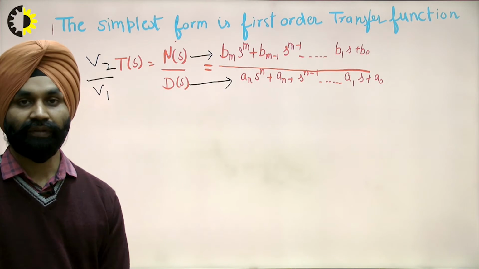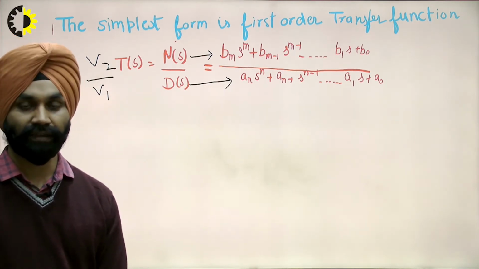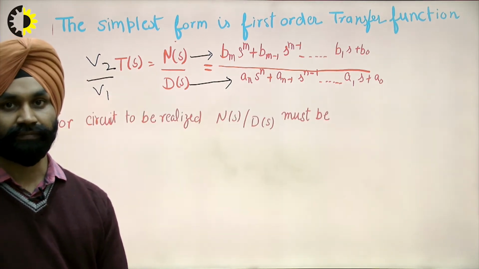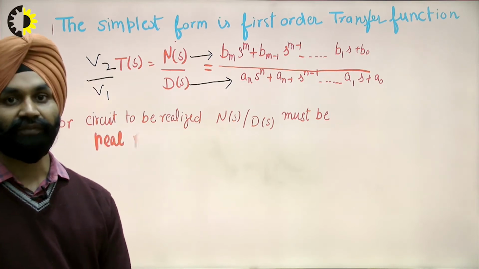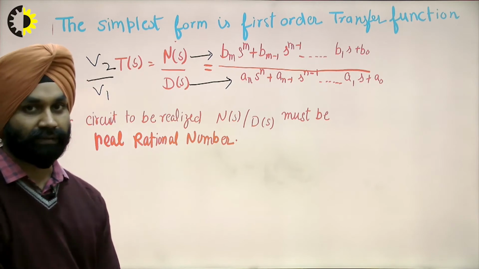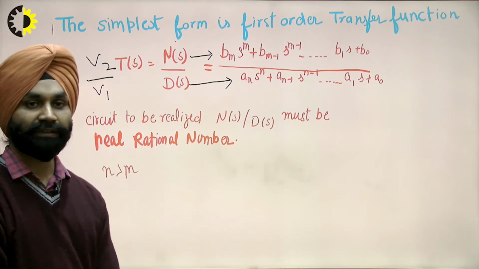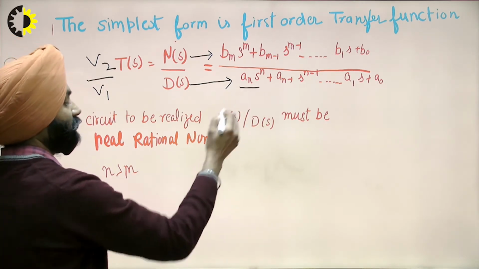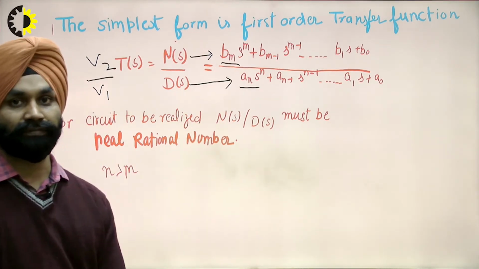So, when we want a transfer function to be implementable or realizable with actual components, there are some conditions that should be met. The first is that it must be a rational function, and n must be greater than m. That means the order of the denominator should be greater than the order of the numerator polynomial.